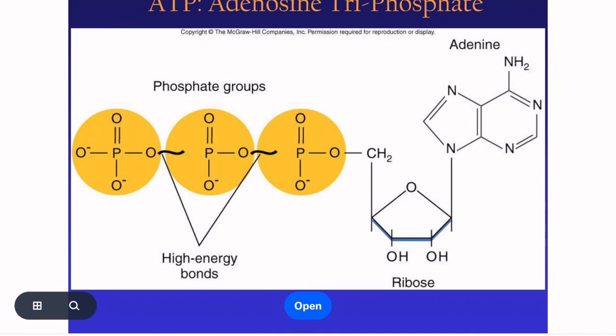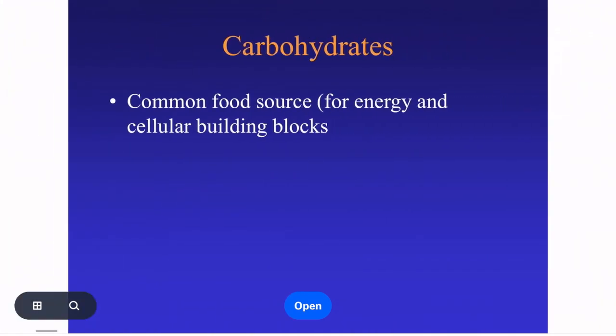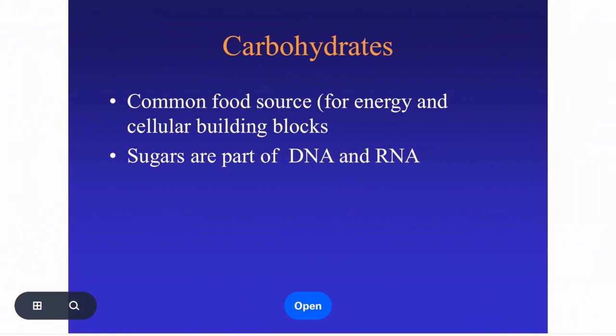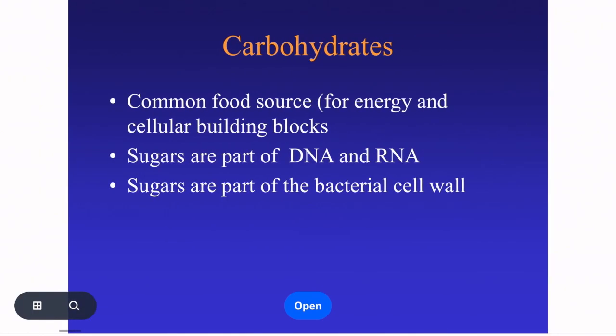That is a sugar. So they're a part of other molecules in the cell that are really important. They're also part of the bacterial cell wall. Peptidoglycan has a sugar that's a part of it.